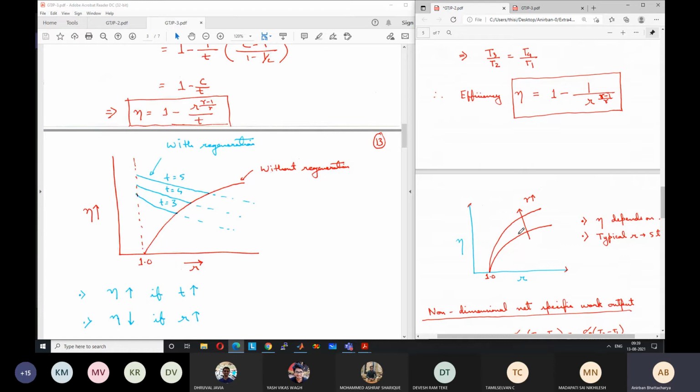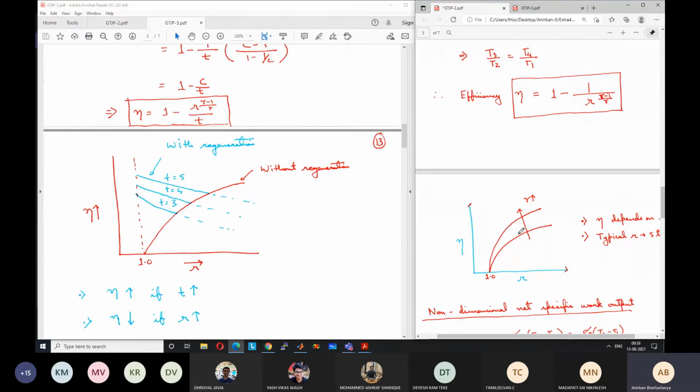Everything is connected, right? What is the benefit of having a higher temperature ratio for a regeneration cycle? Keeping R constant. Or let us go to the other question first. Say temperature ratio is constant. So why is the efficiency decreasing with increasing R?